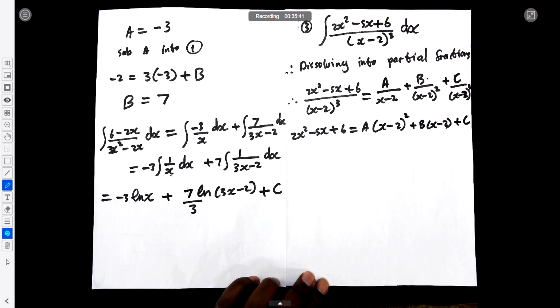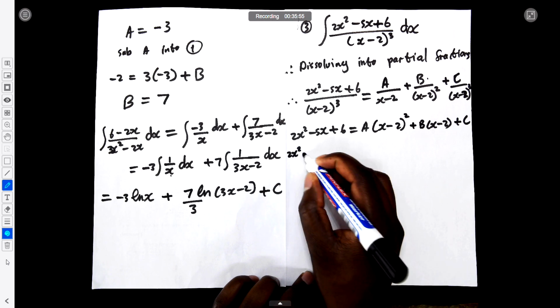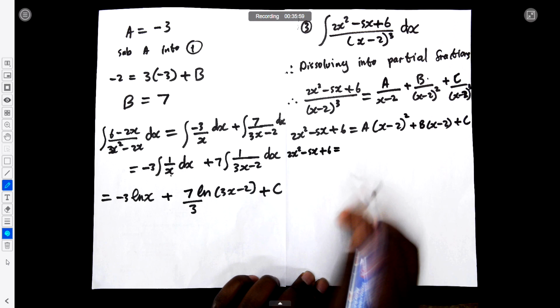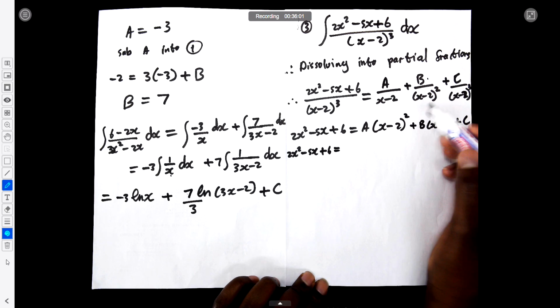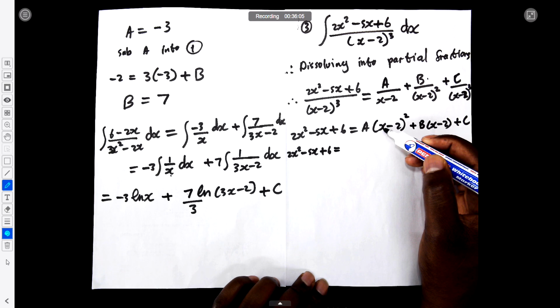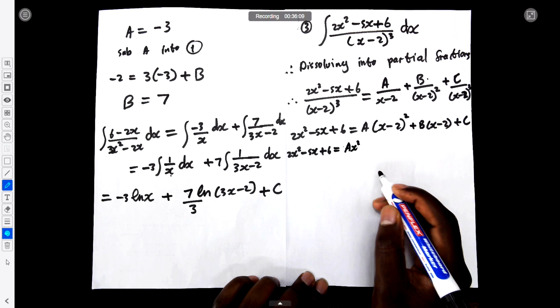So the step that follows is to multiply out the right hand side, so we can group the coefficients of x squared and the terms consisting of x. So I have 2x squared minus 5x plus 6 equal to... We know how to multiply a square bracket. So we'll have x raised to the power of 2 times A, so we'll have Ax squared.